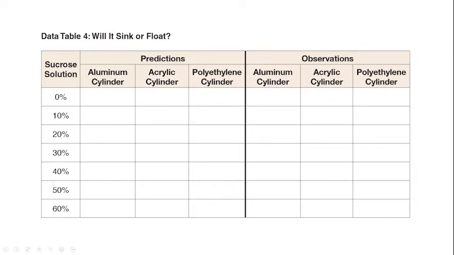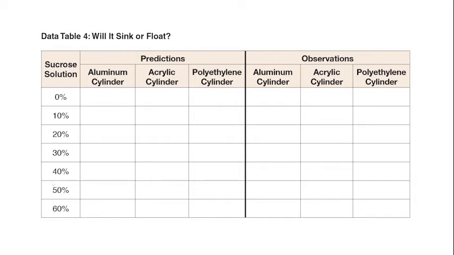Okay. And then the next one is, once we've figured out the density of the aluminum cylinder, the acrylic, and the polyethylene, we just compare it to our calculated densities for the different sucrose solutions. And if you're going to stay up late doing this tonight, you can actually do the experiment, or you can do it tomorrow.